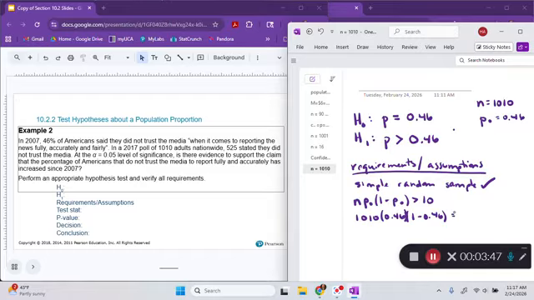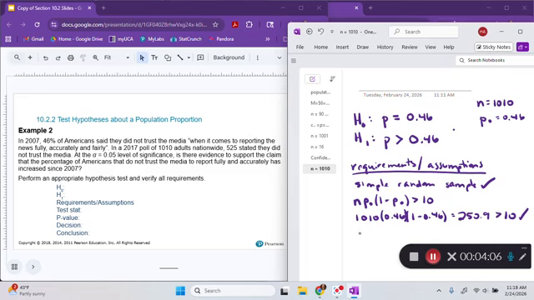Let's see what we get. I got 250.9, and that is definitely greater than 10, so good on that one. So that means we have assessed normality; we can assume that the sample came from a normal population. And then we also want to check to make sure that my sample is less than 5% of the population. As I talked about in my last video, we only have slightly over 1,000 people here.